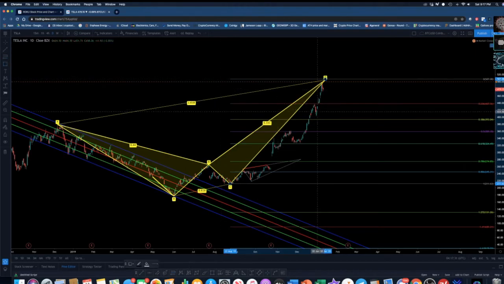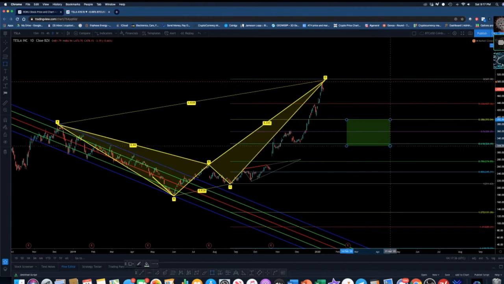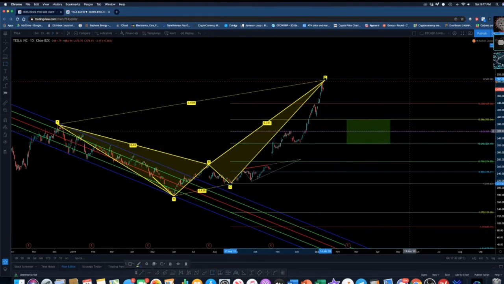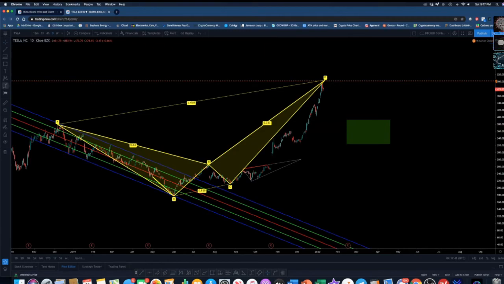And I like to do this. I'll go with my 386 to the 618 and I'll put that there, okay? That's my common retrace zone. Let me even do it like this so it's clearer for everyone.